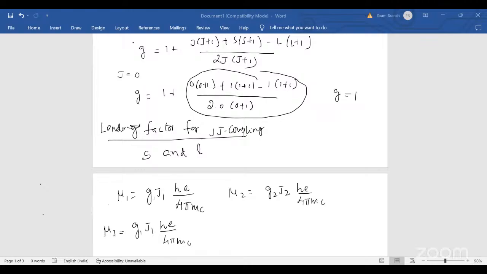In the atom, we have the two electrons, so mu J = g1 J1 eh/4πmc cos(J1, J).